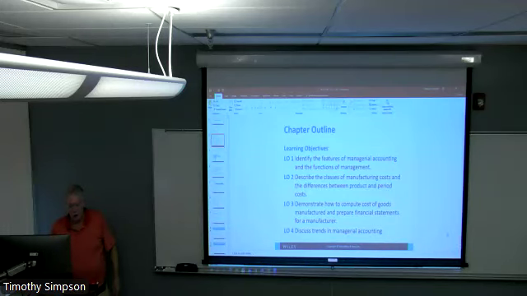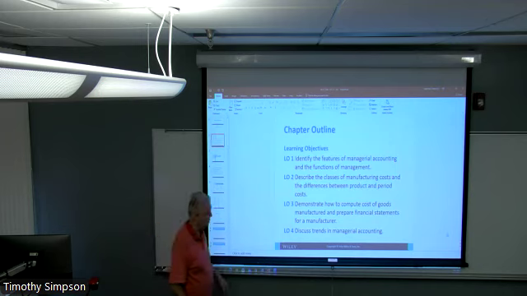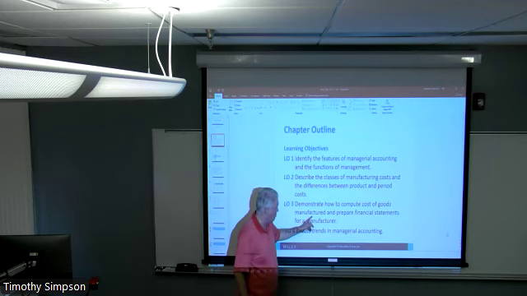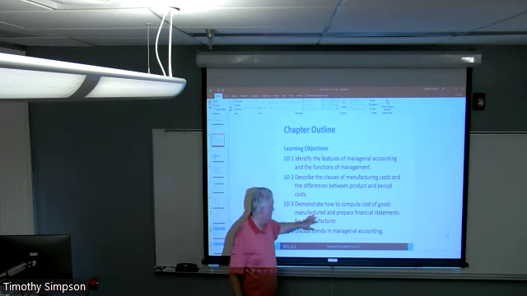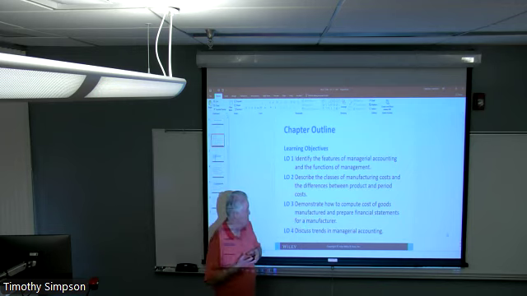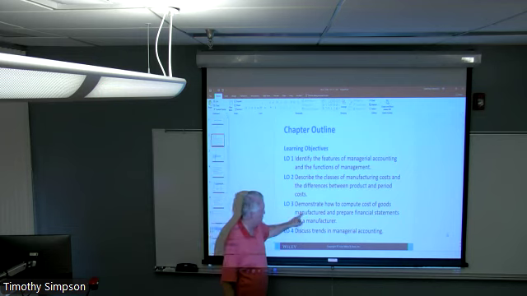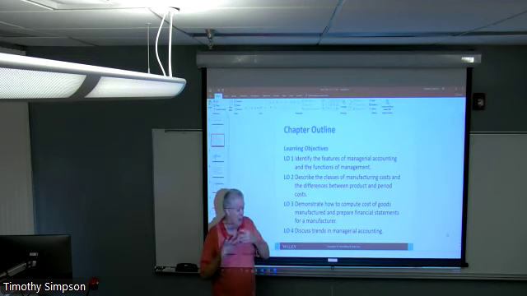The third learning objective, we'll talk about a figure we haven't talked about before, and that is cost of goods manufactured. Up to this point, if you took 2110 or its equivalent somewhere else, you learned about cost of goods sold, and we just took that as a given. But if it's a manufacturer that makes things, physical things usually, then there is an intermediate step to get to cost of goods sold.